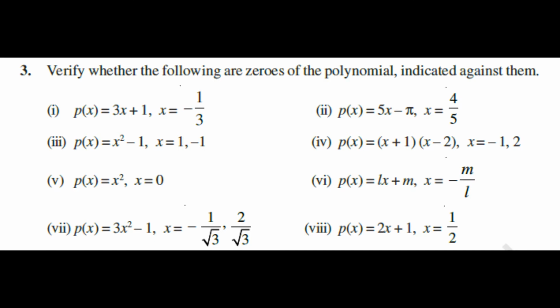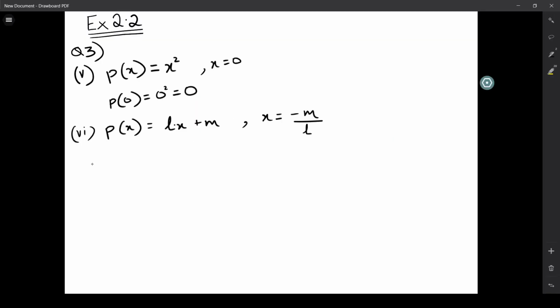Moving to the sixth part. In the sixth part, the polynomial p of x is equal to lx plus m, and we need to check for the value of x equal to minus m upon l. So we'll replace this value in the polynomial.